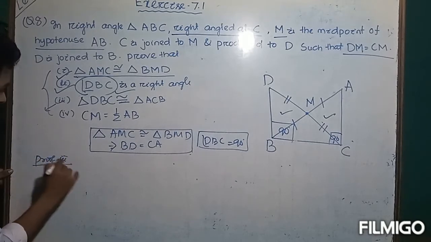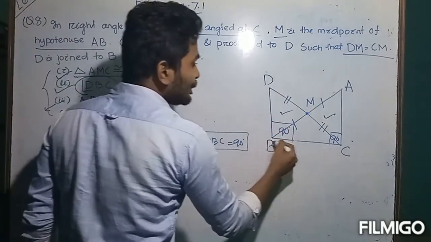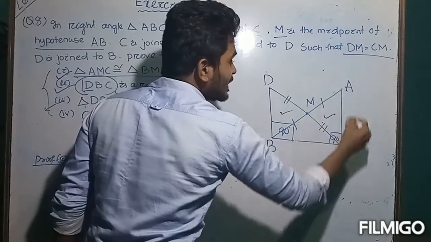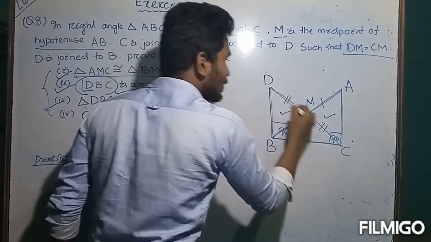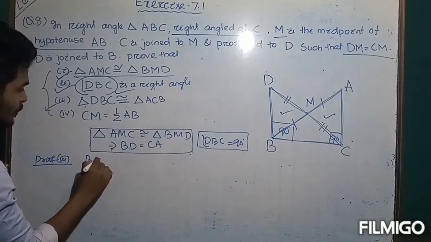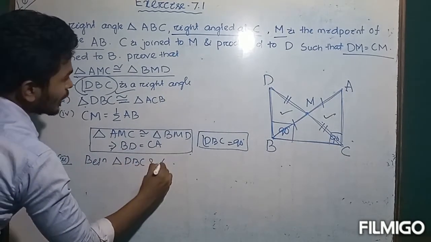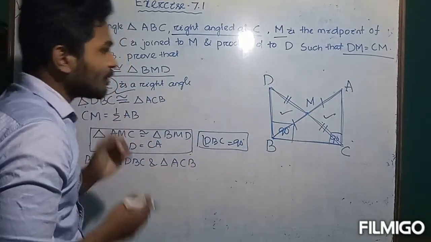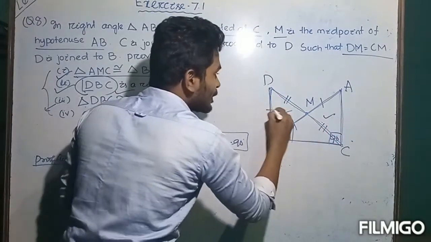The third statement is that triangle DBC is congruent to triangle ACB. So let us prove it. Now compare these two triangles, triangle DBC and triangle ACB. First, we have proved that this side DB is equal to AC.